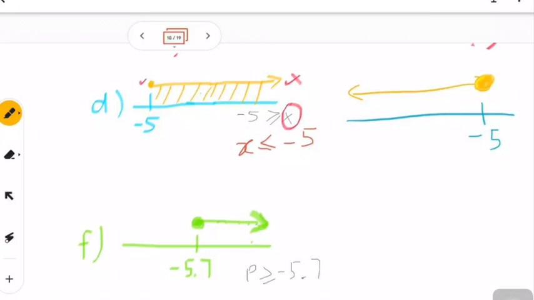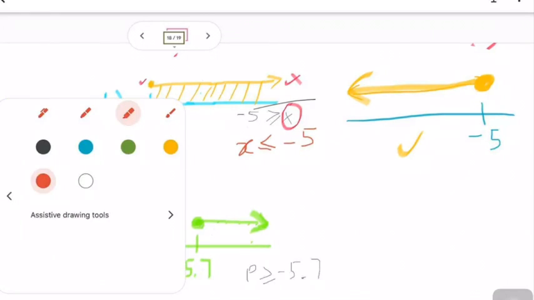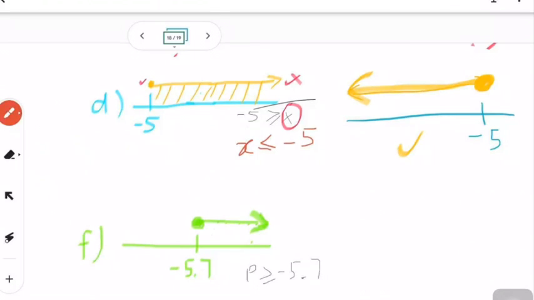Okay, orang lain pun tolong perhatikan dekat buku latihan masing-masing. Yang ni yang betulnya. Okay, ni dah salah. Okay, yang F, P is greater than or equal to negative. Greater than ada equal. Okay, betul.